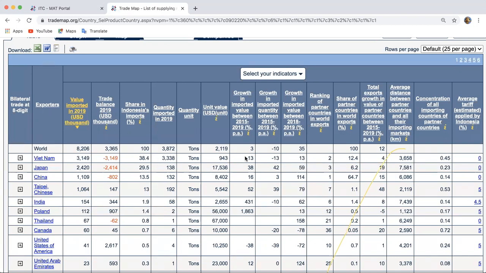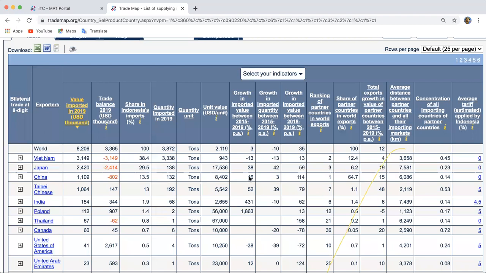And then we can see that, for example, Vietnam's exports to Indonesia are declining on average over the last 5 years, whereas we are actually growing very steadily. So this is a very good sign that there is a very big preference for Japanese green tea in the Indonesian market.